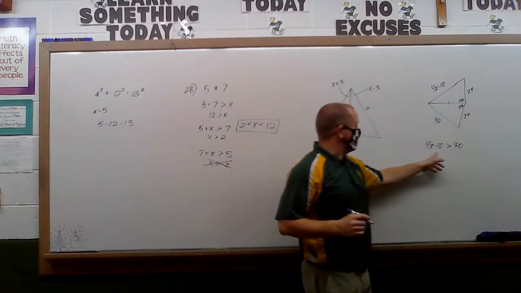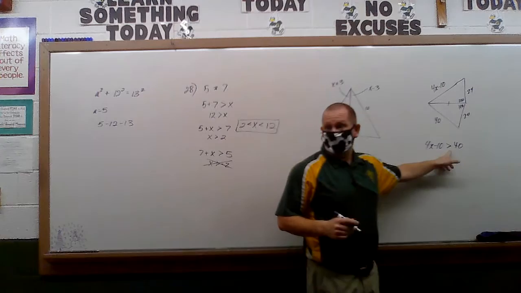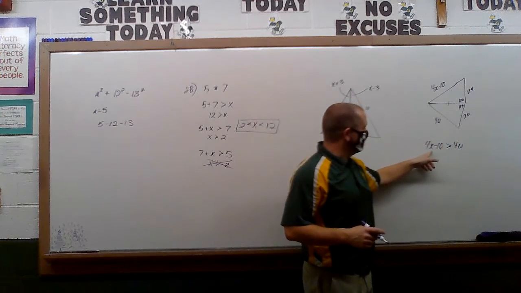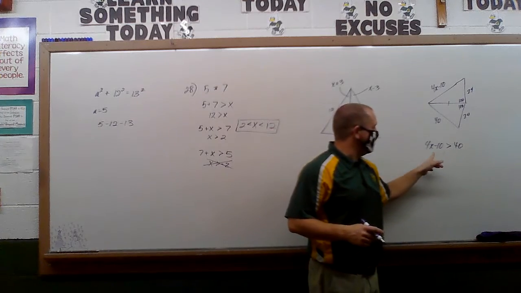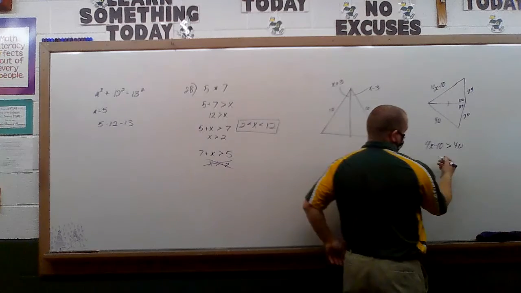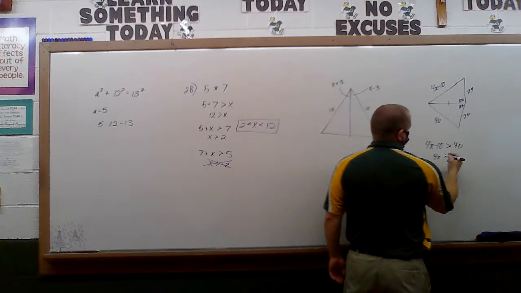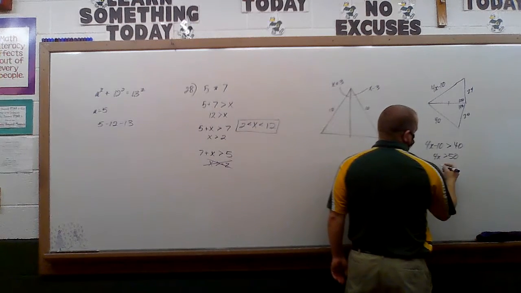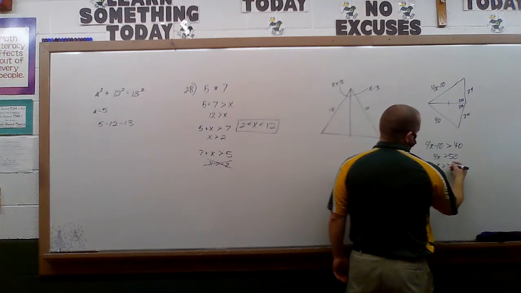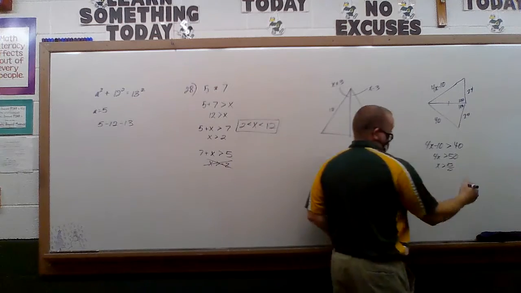Because we're talking about sides and I have greater than, I only have to do one thing. If it was less than, then I would have to do 4x minus 10 is less than 40, and 4x minus 10 is greater than 0. Because it's greater than, I can just do the problem. So I add 10, I divide by 4, and x is 25 halves. And that's my answer.